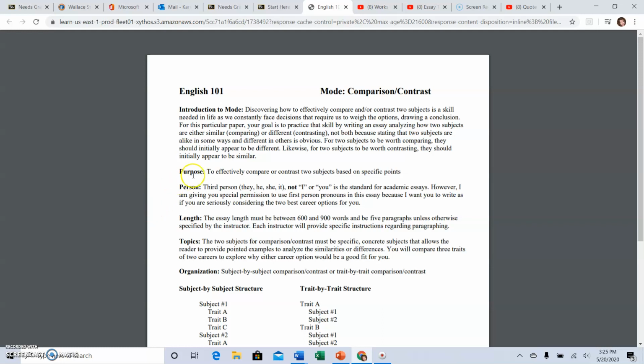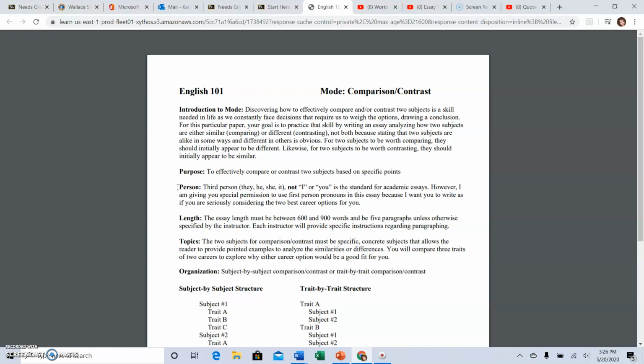This is the only essay that I'm going to allow you to use first-person pronouns, other than the narrative at the end. So make sure that for the literary analysis and the argumentation essay, you use third-person pronouns. But for this essay about your career choices, you can absolutely use first-person pronouns.